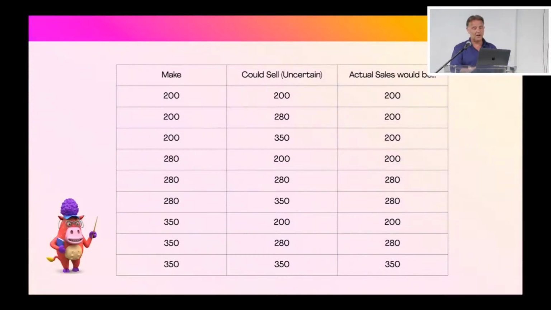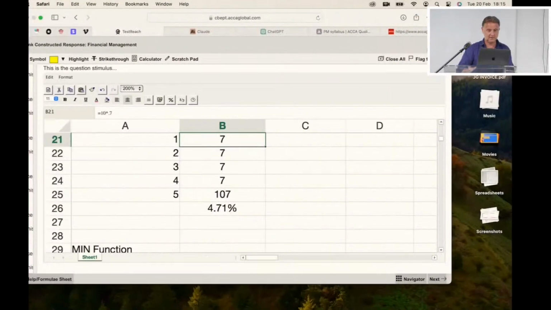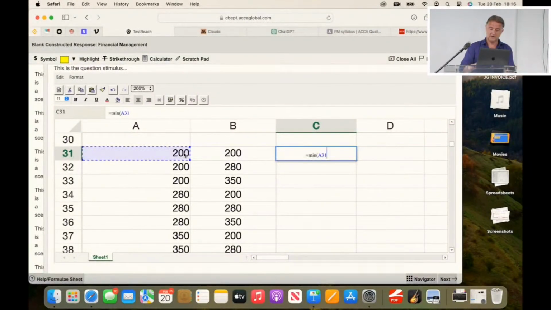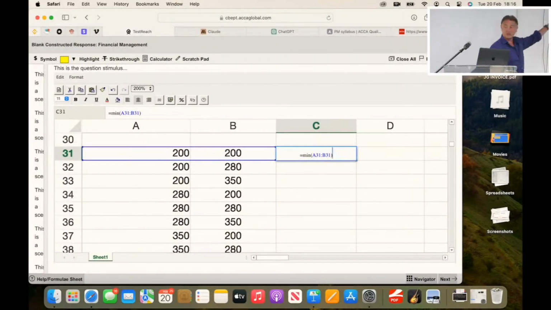If you were to do that on a spreadsheet, like one I've prepared earlier, you would do equals MIN, which is a shortening for what? Minimum. Open brackets, and you put 200, colon, 200, whichever figures you want your minimum of.